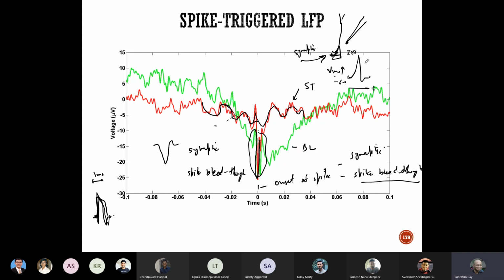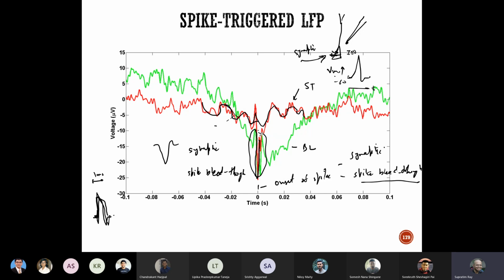Okay, and even when you filter the signal in the lower frequencies to get the LFP, you will have some contribution. That is called spike bleed-through. This is just the low frequency component of the spike itself. So it's going to have this little dip here, which is localized to the onset of the spike.